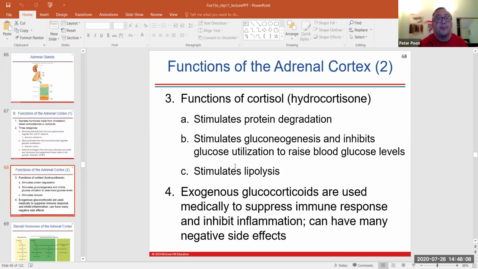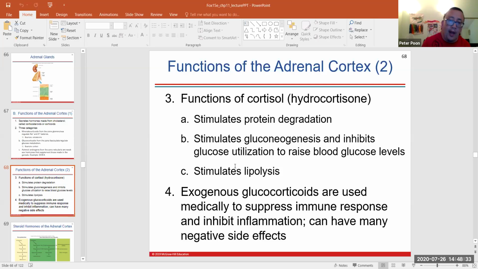The functions of cortisol. Cortisol stimulates protein degradation, stimulates gluconeogenesis, forming new glucose, and inhibits glucose utilization to raise blood glucose levels.